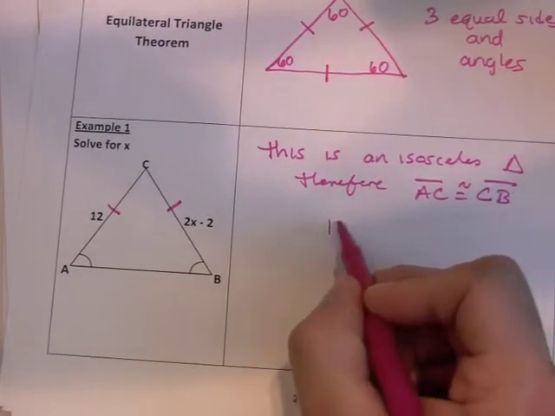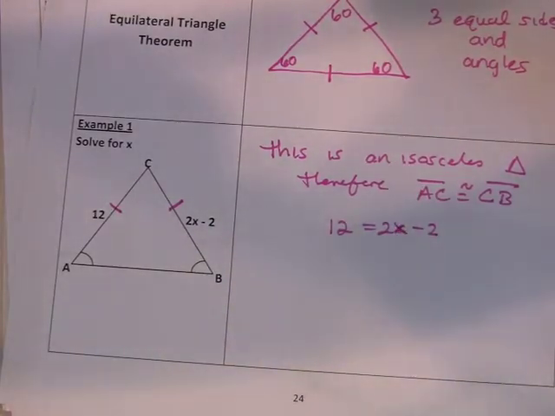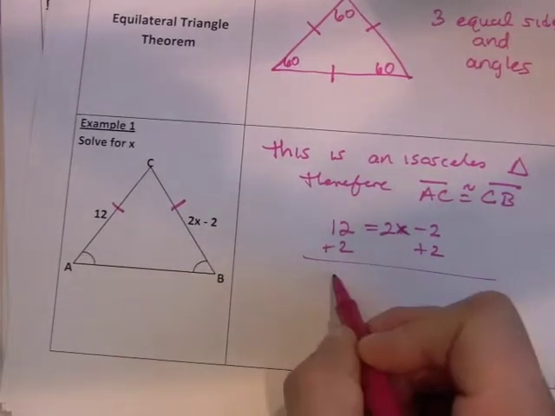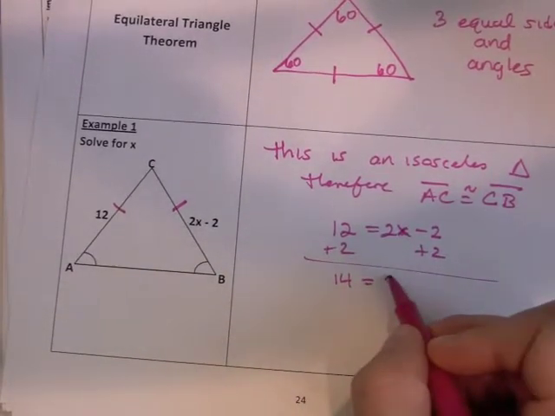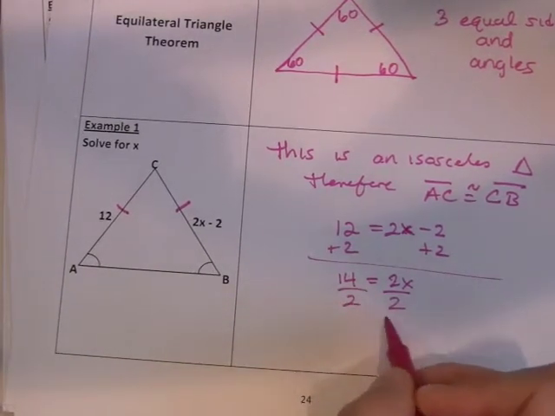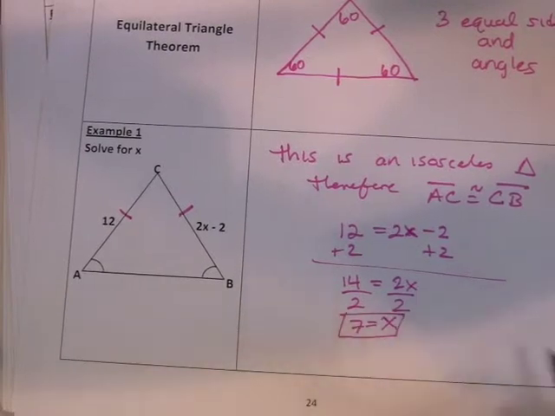So I can just set 12 equal to 2x minus 2 to solve for x. So I just add 2 here. Gives me 14 equals 2x. Divide by 2. So x will be 7. And I got my solution.